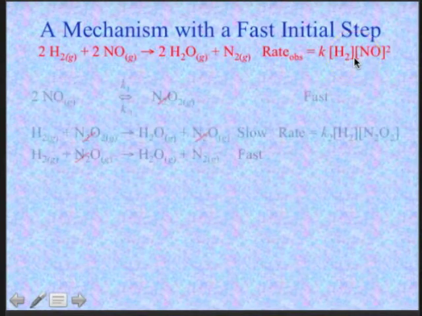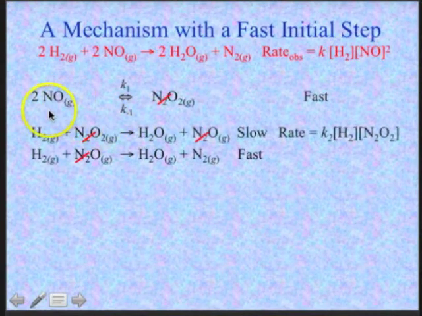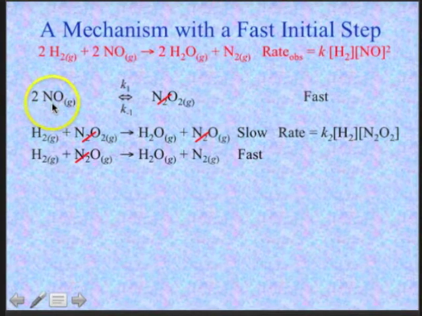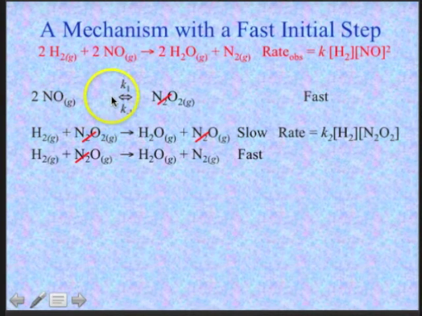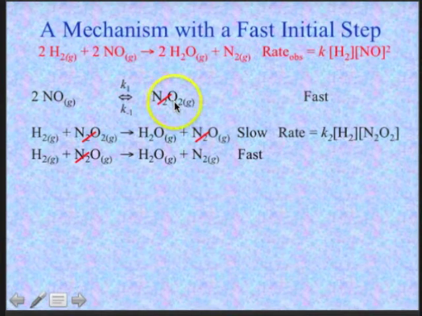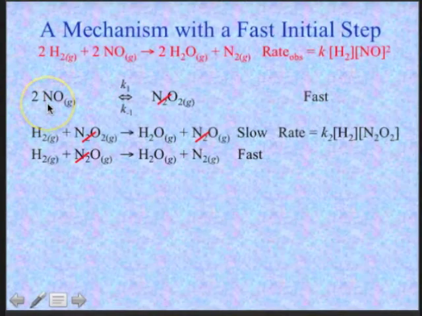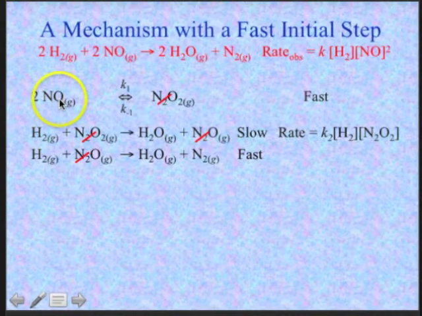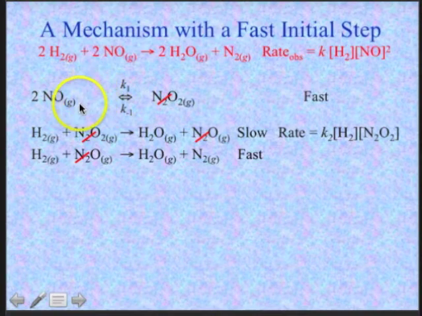So how does it work? Here's the first step. 2 nitric oxide react to form N2O2, and in turn N2O2 disintegrates into 2NO in the reverse reaction. So the forward reaction and the reverse reaction are occurring at the same rate at equilibrium.